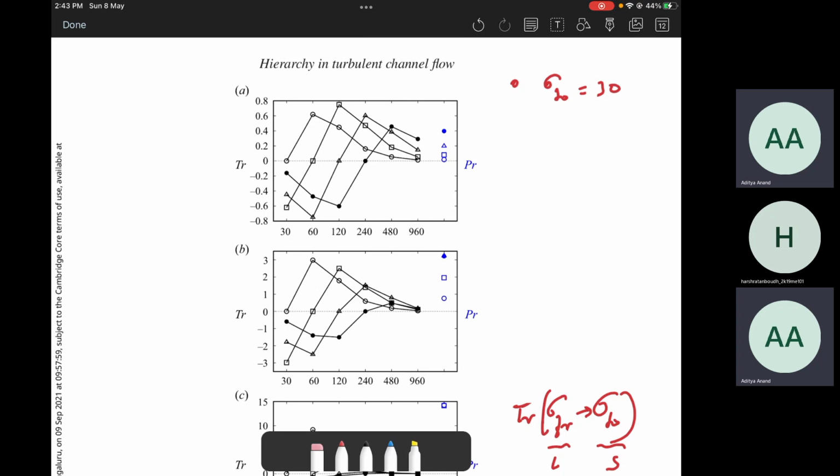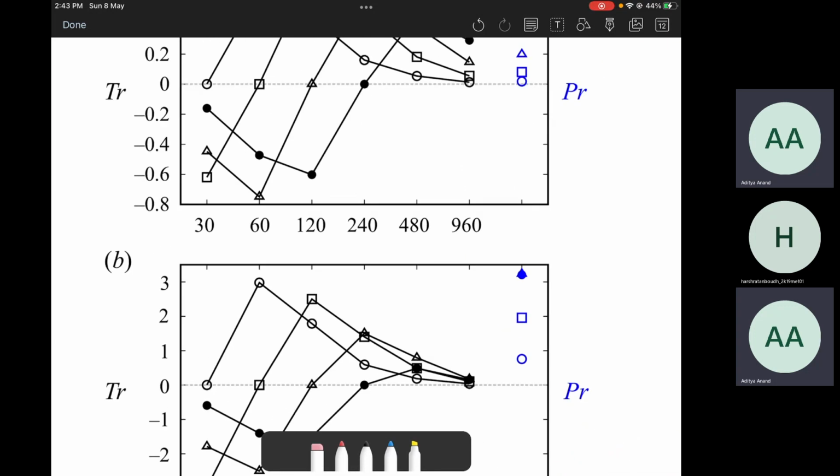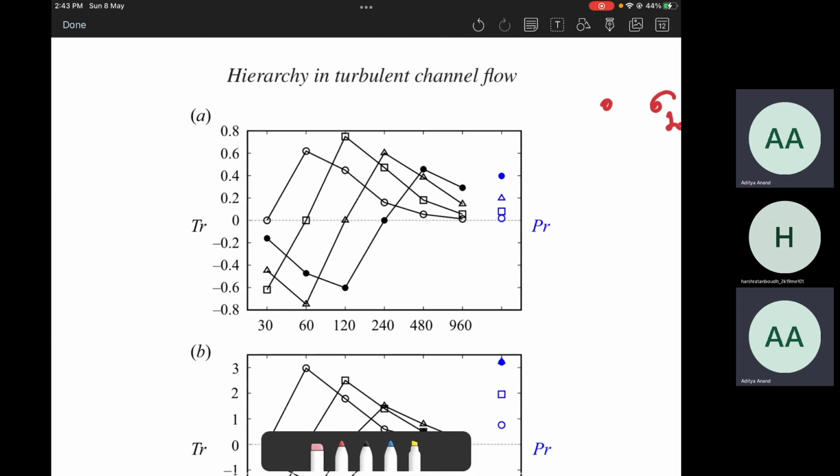The x-axis is sigma from. The energy transfer from scales of size 30 to scales of size 30 is 0. Of course, you cannot transfer energy to yourself.